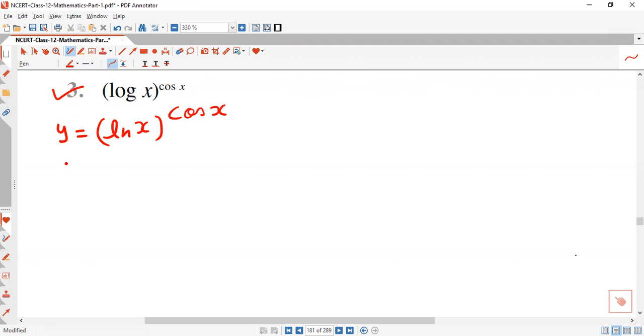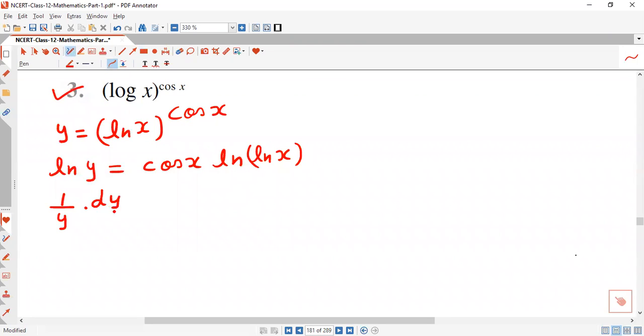Taking log on both sides, it becomes log y equal to cos x log of log x. Now taking the differentiation on both sides, we get 1 upon y, because differentiation of log y is 1 upon y, and y is there because this is not x, so it is dy by dx.